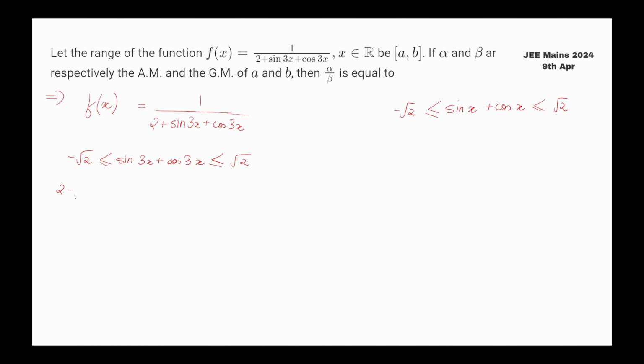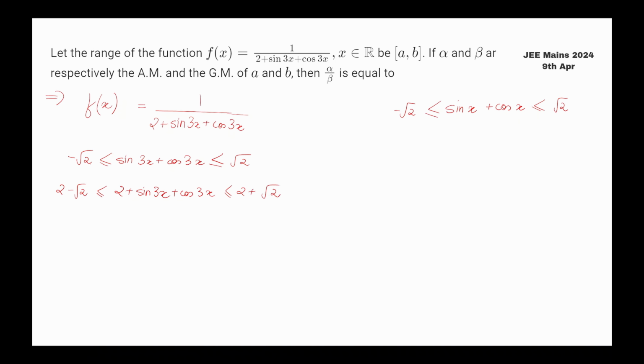So this would become 2 minus root 2 less than or equal to 2 + sin 3x + cos 3x less than or equal to 2 plus root 2. Now simply I'll take the reciprocal of this entire expression, and once I do the reciprocal, the sign of the inequality would change.